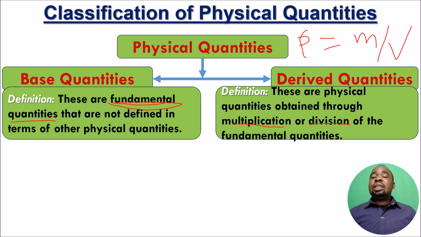Now, if density is mass divided by volume, we are defining density in terms of mass and volume. So we are saying our density is mass per unit volume. For us to derive volume or define volume, we are using base quantities, mass and length. So these are derived quantities.